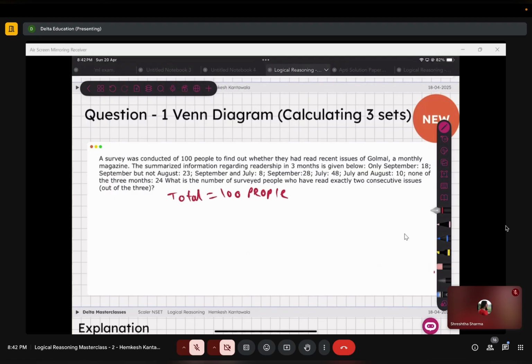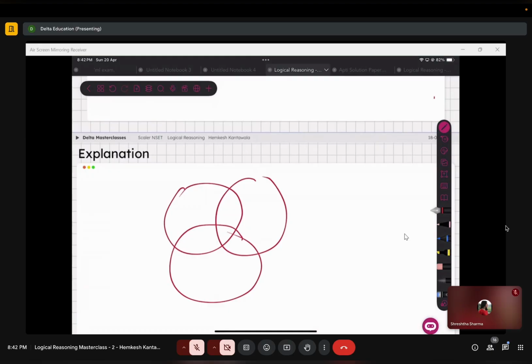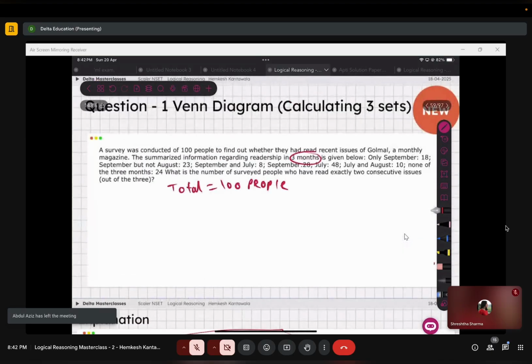Now, next, who had read the recent issues of Golmaal, a monthly magazine? The summarized information regarding readership in 3 months is given below. So information is given about the readership of this magazine for 3 months. This tells us there would be 3 diagrams, correct? Diagram A, diagram B, and diagram C. Now, what would each circle signify, and why?